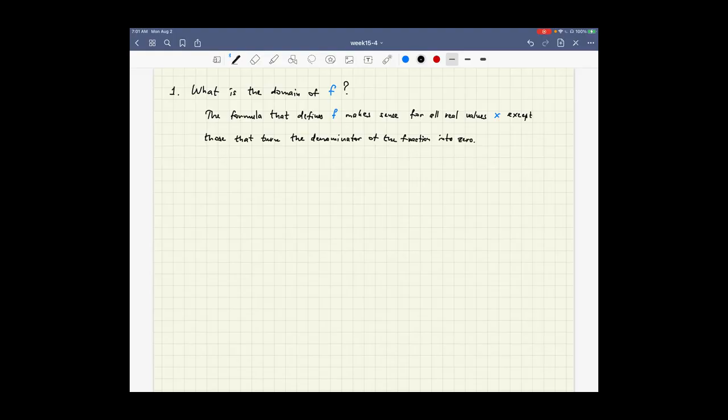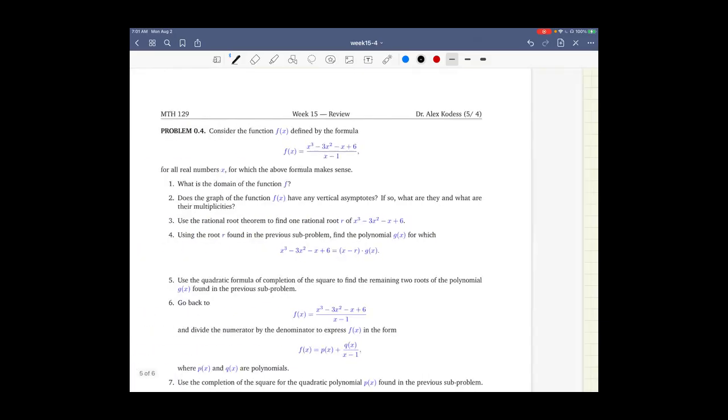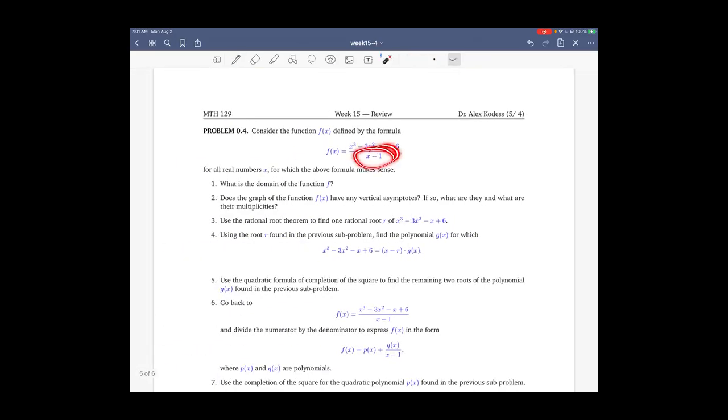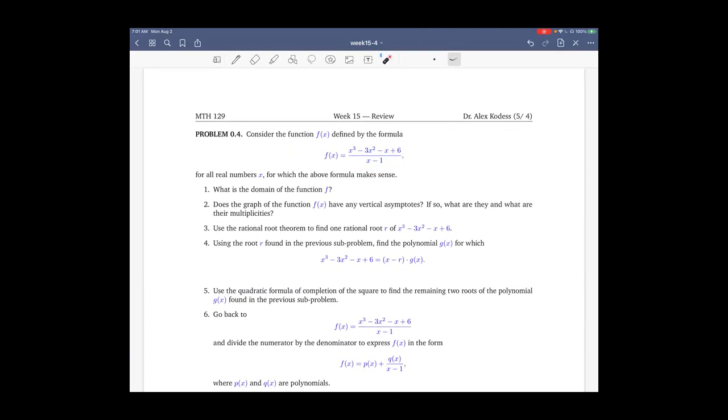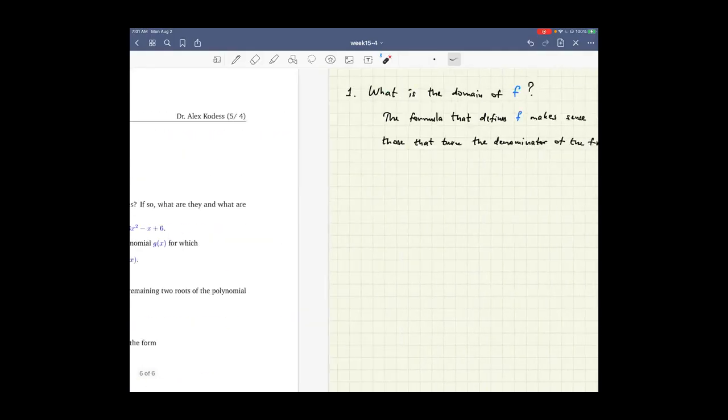To find these forbidden values, we need to solve the equation x minus 1 equals 0, which of course results in x being 1. So the formula makes sense for all real x except 1.